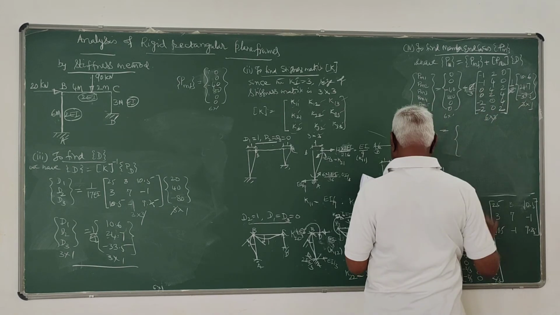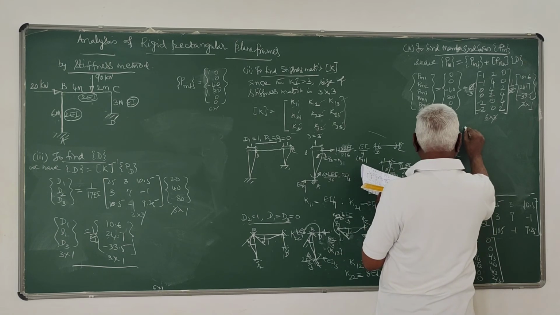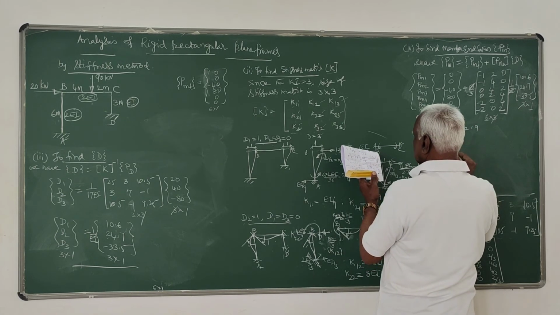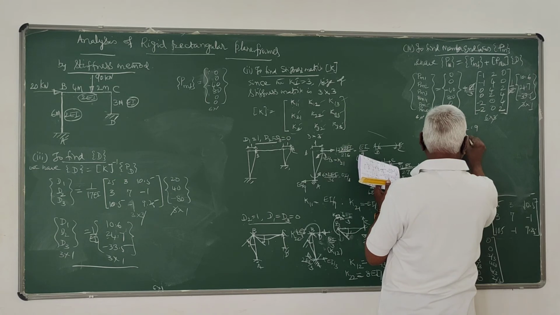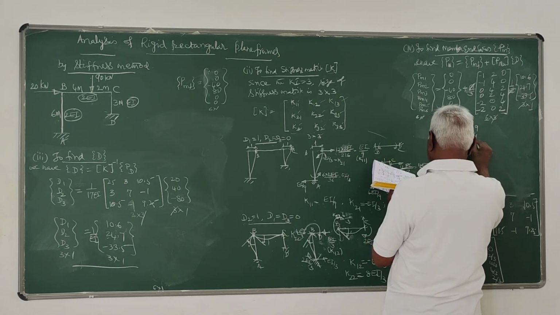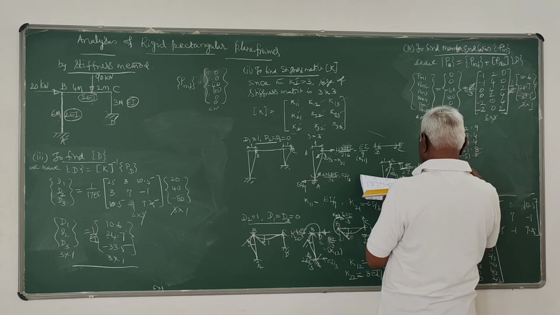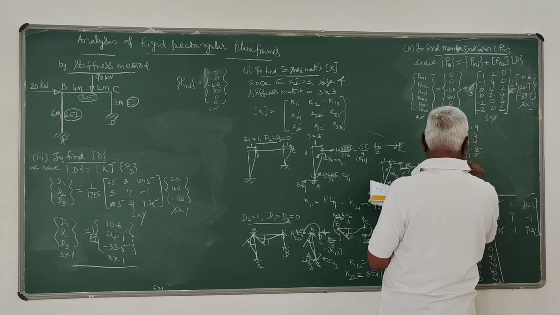Because BI here gets cancelled, you will get 12.9, then 29.4, then minus 29.4, then 51.8, minus 51.8, then minus 29.4.